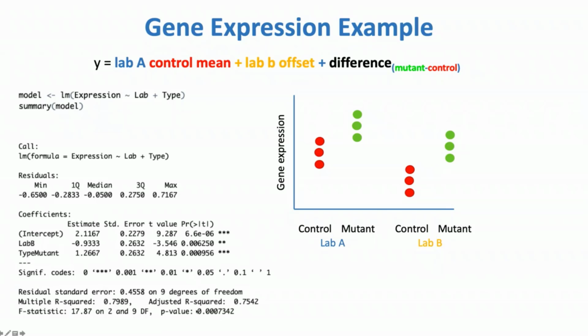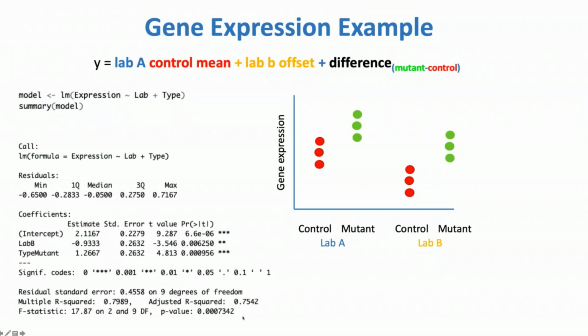And we have a significant p-value, like 0.007. So this model that we have here, where we predict expression by using the lab and the type, and also the intercept, we can predict the gene expression really well, right? This is why this p-value down here is very significant.